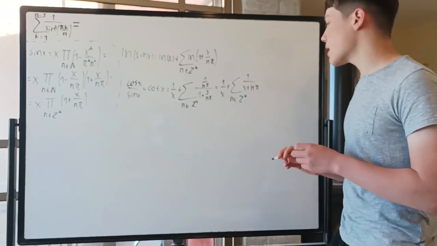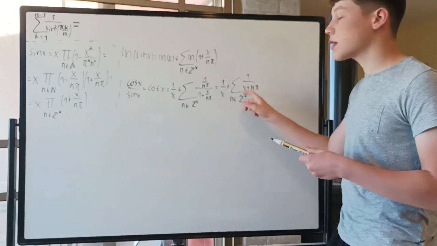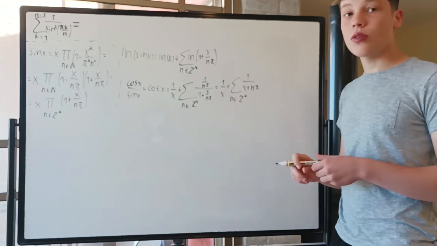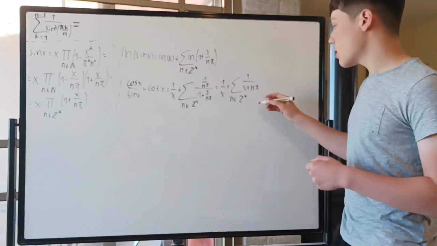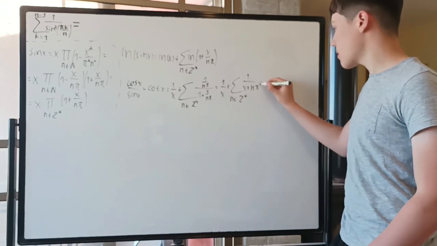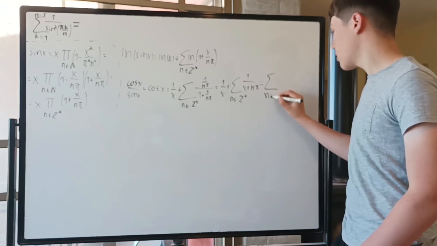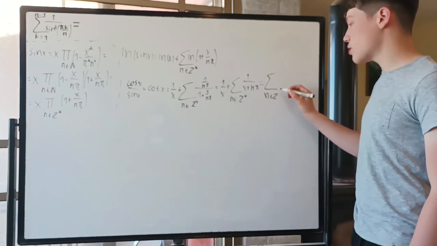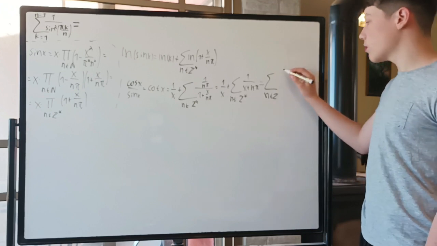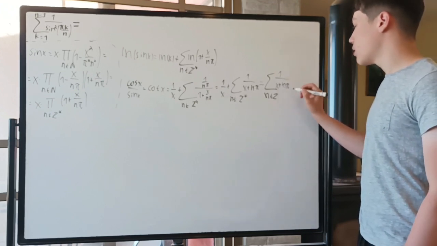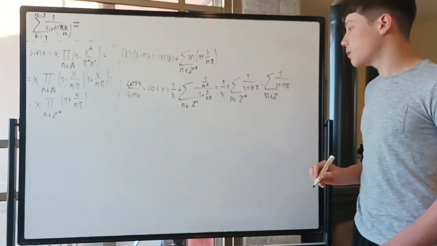And now notice that if we plug in n equals 0, we just get 1 over x. So altogether, this is the sum just over the whole numbers of 1 over x plus n pi. So this is just n in Z, all the whole numbers. So now we found this.